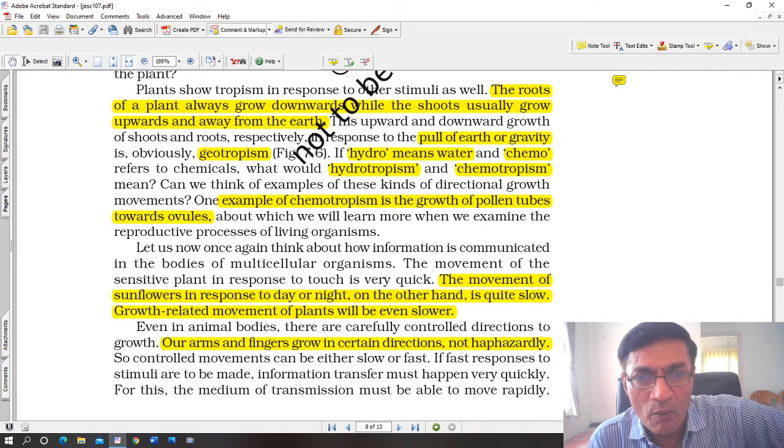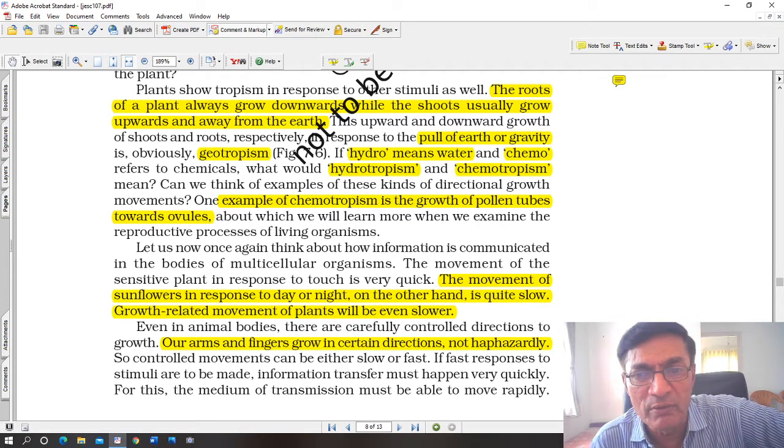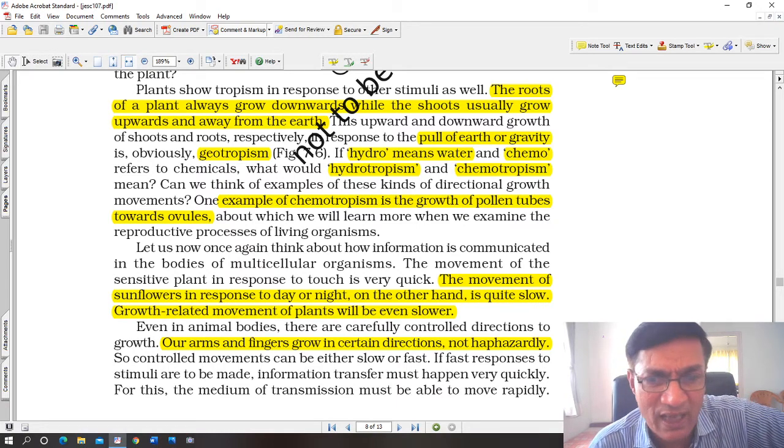So one example of chemotropism is the growth of pollen tube towards the ovules. This is what we learned when we examined the reproductive processes of living organisms in class 9.